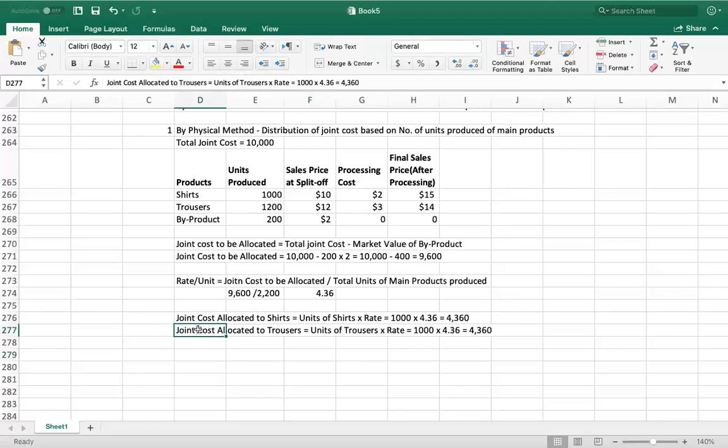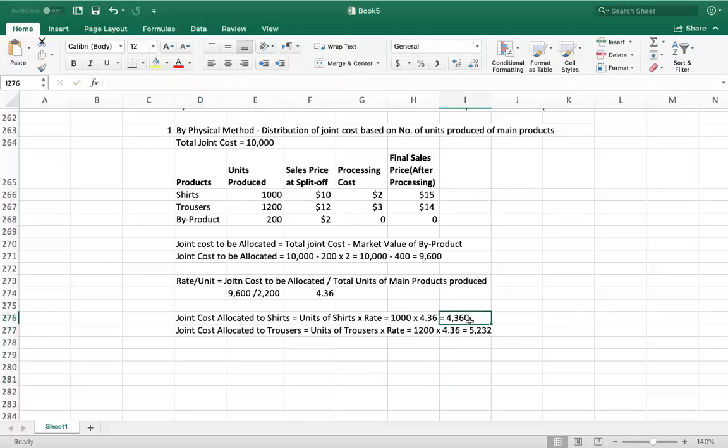The units of trousers are 1,200, multiplied by the rate of 4.36. How much does it give us? 5,232.